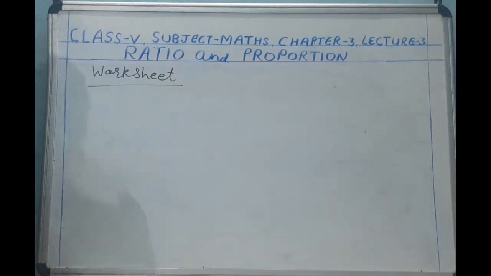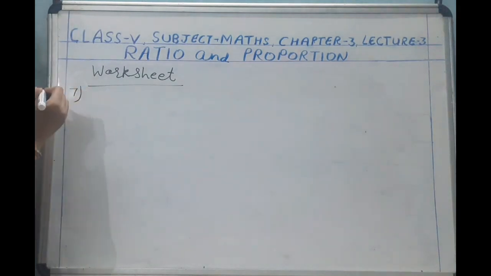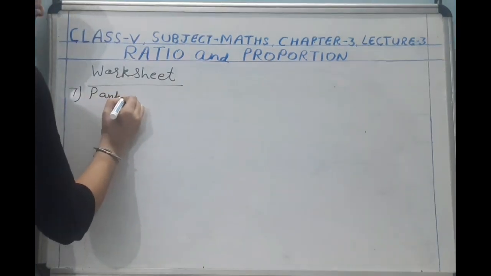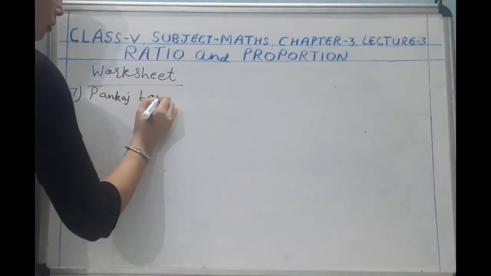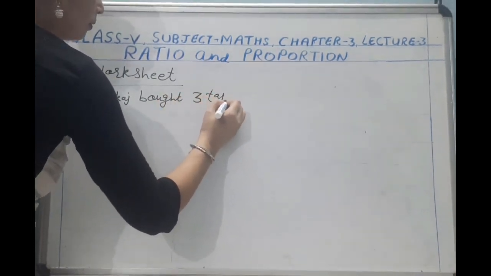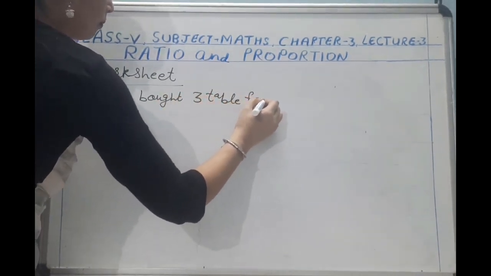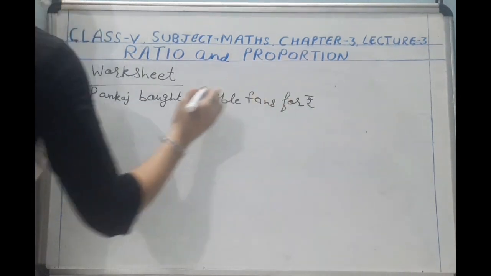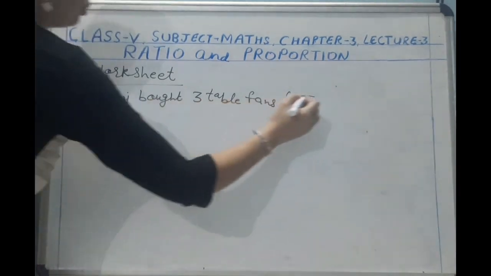Next is question number 7 of your worksheet. Pankaj bought 3 table fans for rupees 3,200.